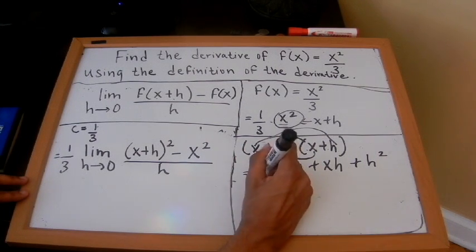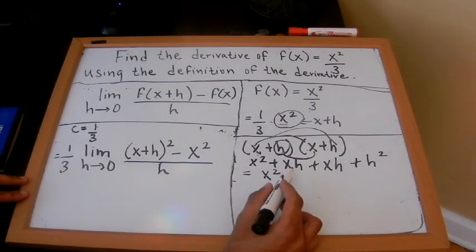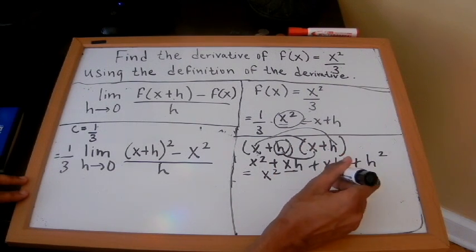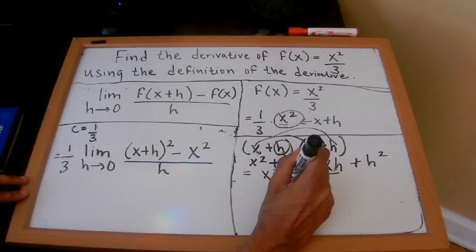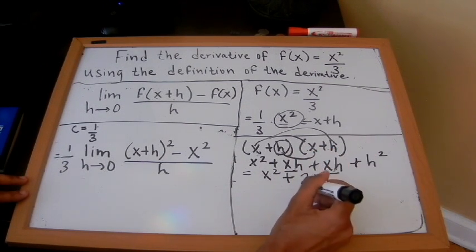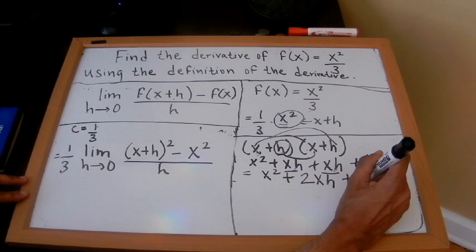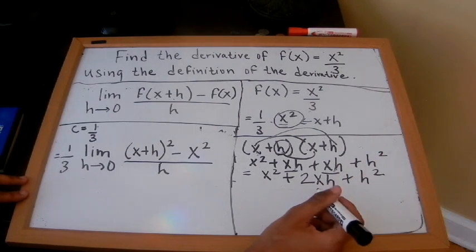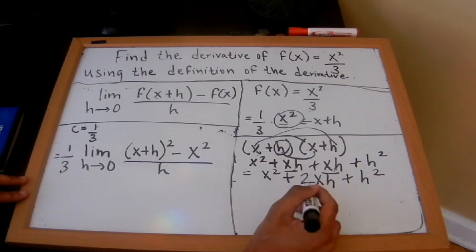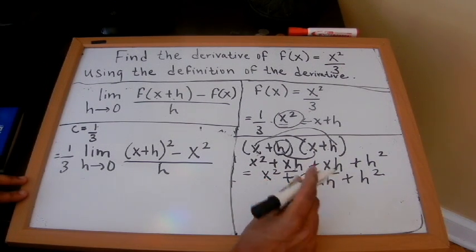So simplifying this a little bit further, we have x squared, we have xh and xh. These are two equivalent terms, so we can simplify them by putting a 2 in front of the xh, since there's two of them. Then we have plus h squared. So there you go, x plus h squared is equal to x squared plus 2xh plus h squared.